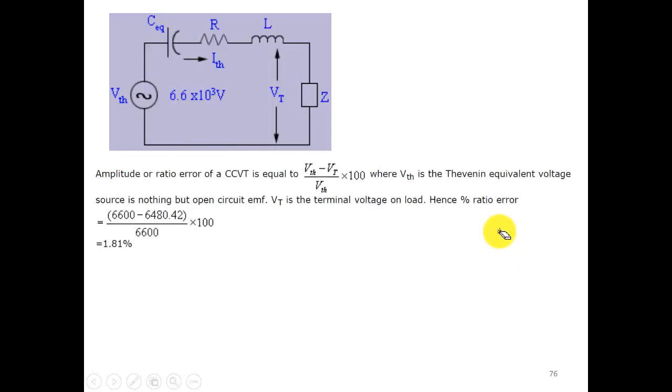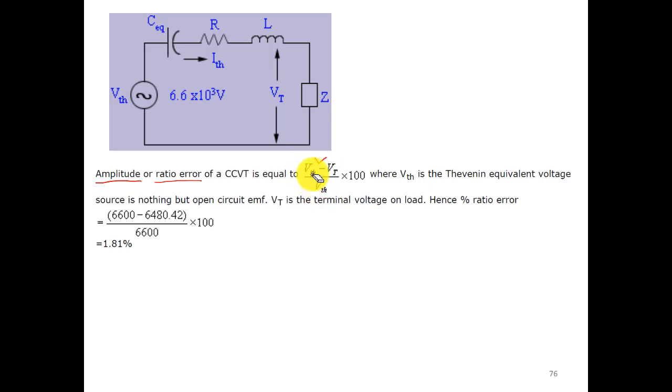So now let us find the ratio error, sometimes also known as amplitude error. Interchangeably we can use these words sometimes, please remember. The amplitude or ratio error of CCVT is equal to VTH minus VT by VTH.